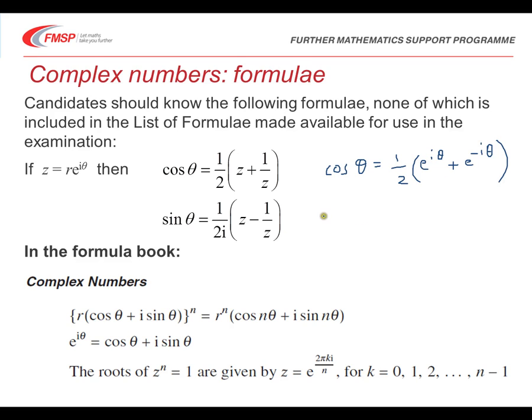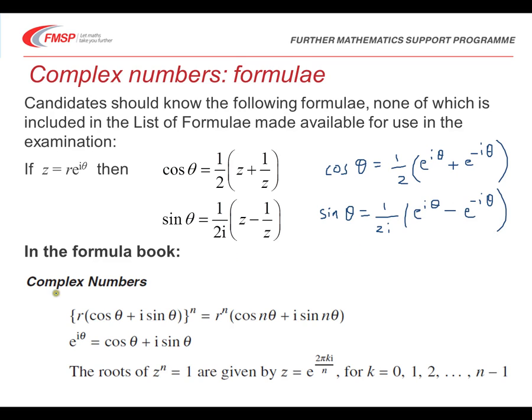For sine, you're subtracting them, so sin theta is 1 over 2i. Don't forget this i here, that's really easy to forget, multiplied by e to the i theta minus 1 over e to the i theta, or e to the minus i theta. You do need to learn these, they're not in the formula book.